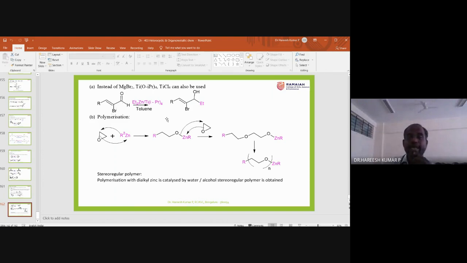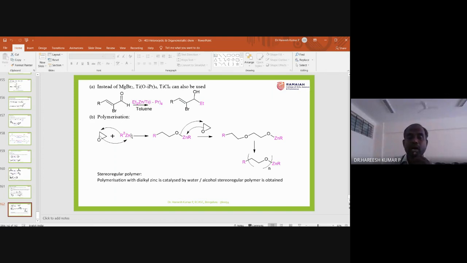So again there is a selectivity, regioselectivity. This is possible in presence of a catalyst. The catalyst is tetra isopropyl titanium.